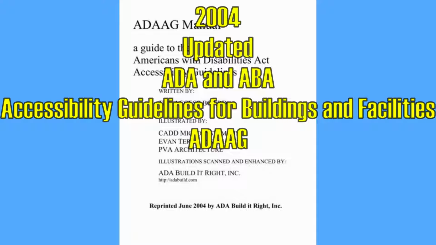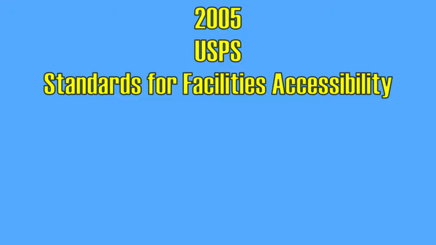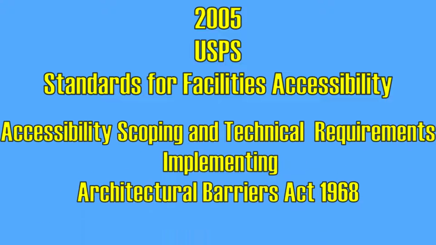In 2004, ADA and ABA accessibility guidelines for buildings and facilities was updated and last published in the Federal Register on May 7, 2014. In 2005, the United States Postal Service adopted Standards for Facility Accessibility, which contains accessibility scoping and technical requirements implementing the Architectural Barriers Act of 1968.